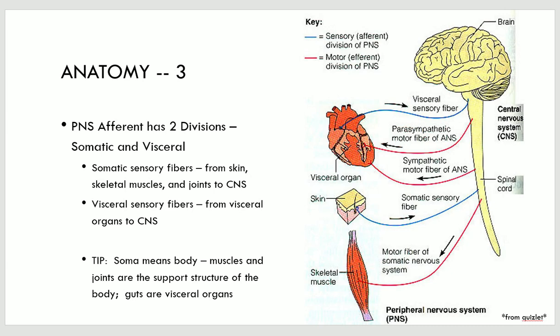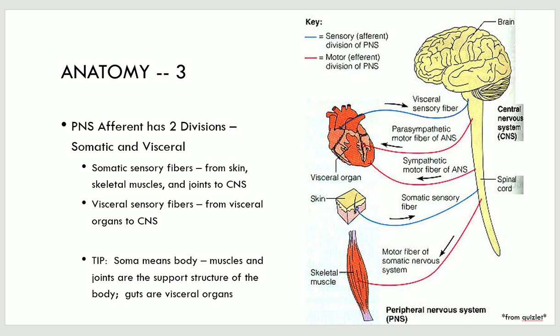Going on down the chart, like I just said, we break the afferent sensory division down further into its somatic and visceral categories. Our somatic sensory fibers run from the skin, skeletal muscles, and joints to the central nervous system. And then our visceral sensory fibers, visceral, easy enough.